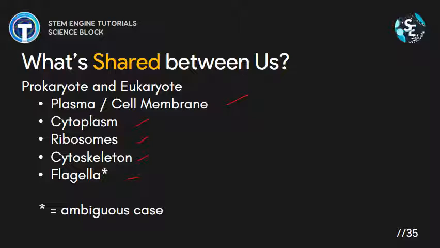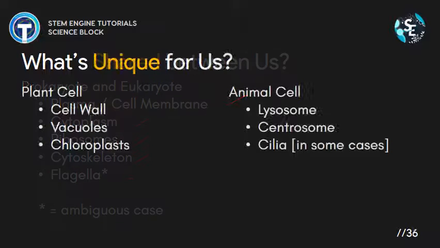And some prokaryotes and eukaryotes also have flagella, because yung mga eukaryotes, specifically protists, have flagella. Therefore, meron tayong asterisk, which means ambiguous case, because although all prokaryotes have flagella, not all eukaryotes have flagella. So, selected eukaryotic cells lang ang meron nito, specifically those classified under protists.